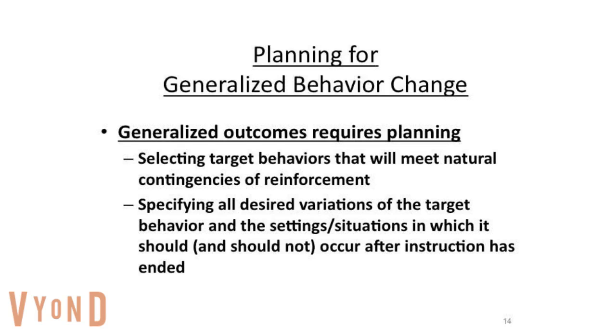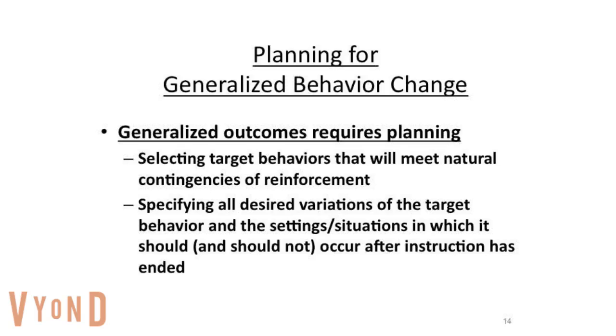So generalized outcomes require planning. I think oftentimes we forget to plan for how we're going to teach generalization of specific skills. One important thing to do is select behaviors that will meet natural contingencies of reinforcement. Those are things that are actually in the learner's environment and something that they'll continue to maintain based on their settings and their environment.